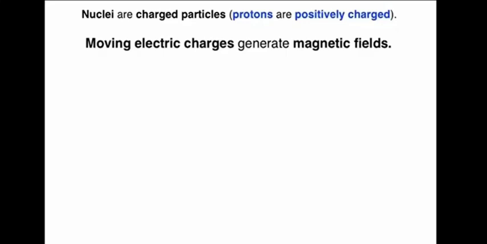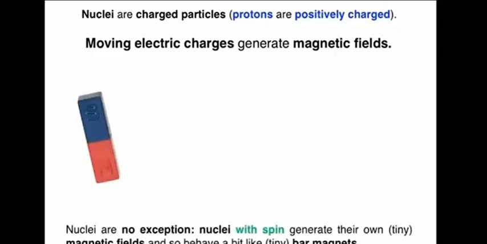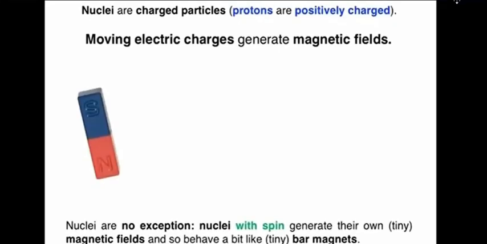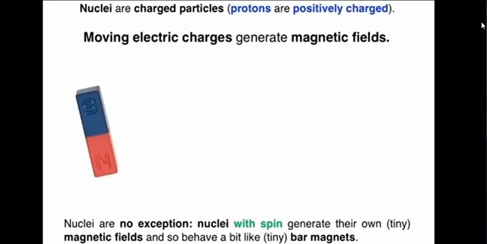Nuclei are charged particles; protons are positively charged. A moving electric charge generates a magnetic field. It is a basic principle: any moving body produces a magnetic field. Here, the proton behaves as a teeny magnet, which has a south and north pole.